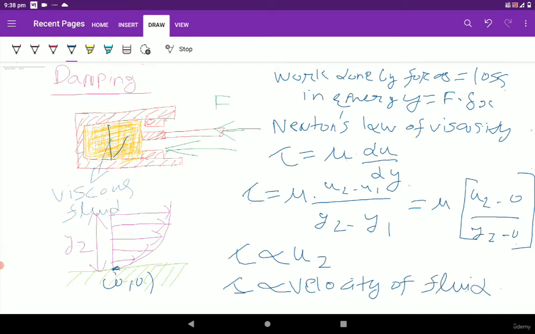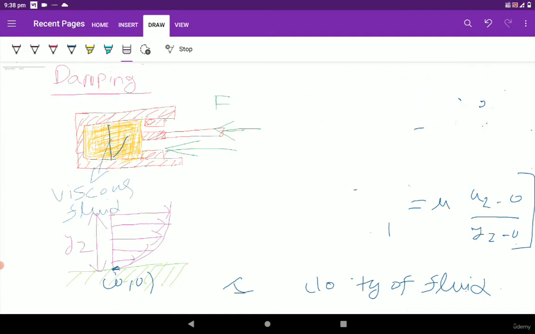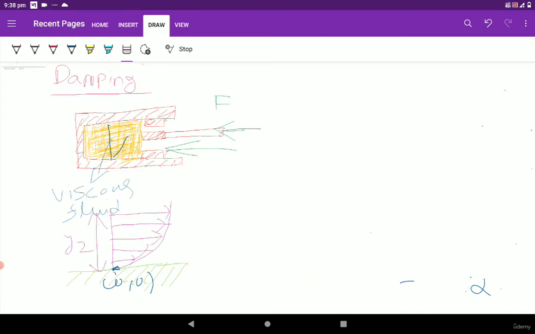From this, we are going to infer more things. Let me erase this whole thing first. The shear stress is directly proportional to the velocity of the fluid.